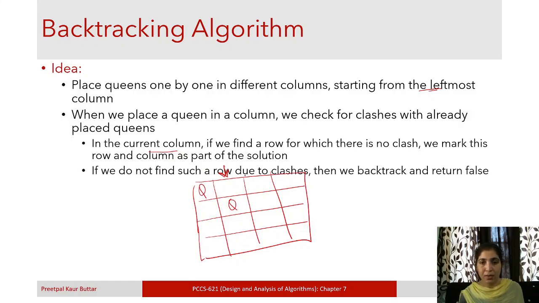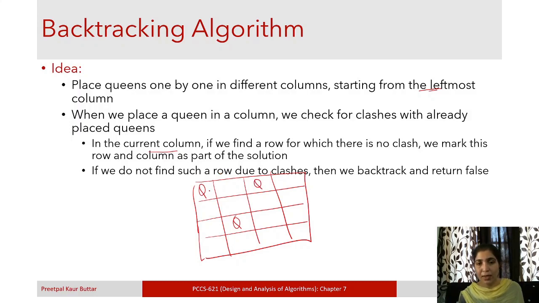Okay, so here also there is a clash. We will move to the next. Now there is no clash. Okay, so this is fine. So now let us place the third queen in the next column.